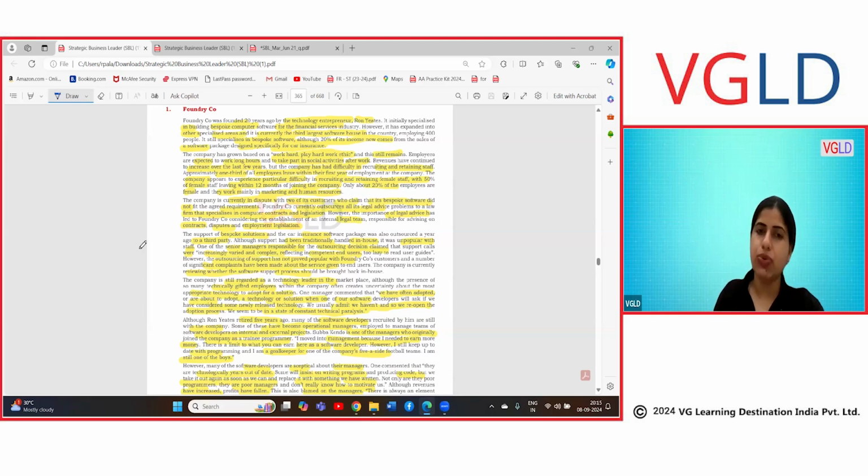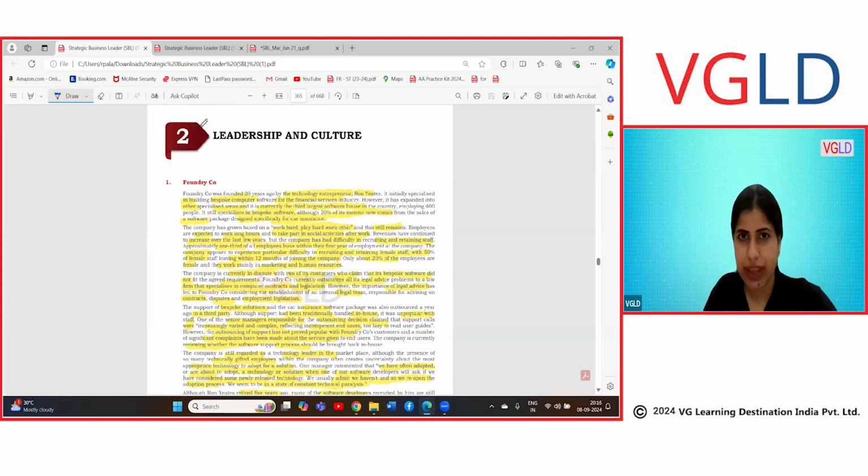If you want me to write the pointers of the cultural web, I can write them for your understanding. Let me write it down over here. One was paradigm, symbols, ritual routines.